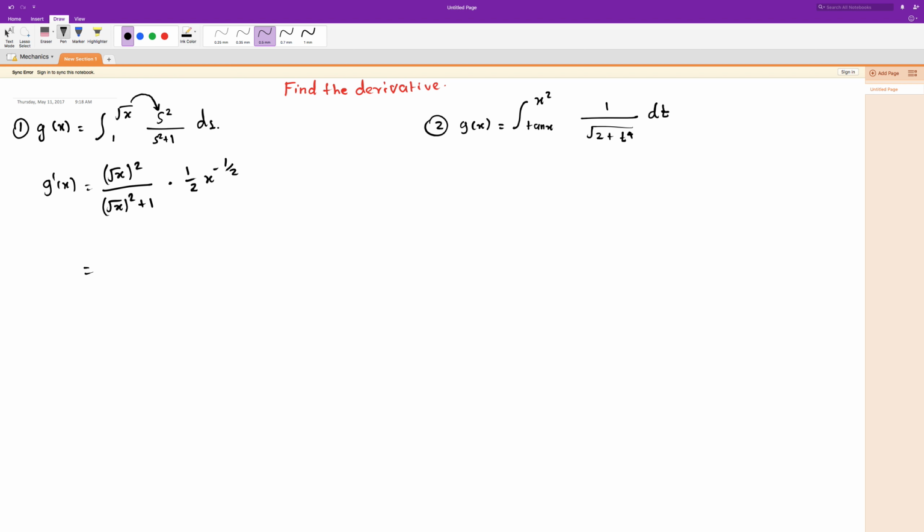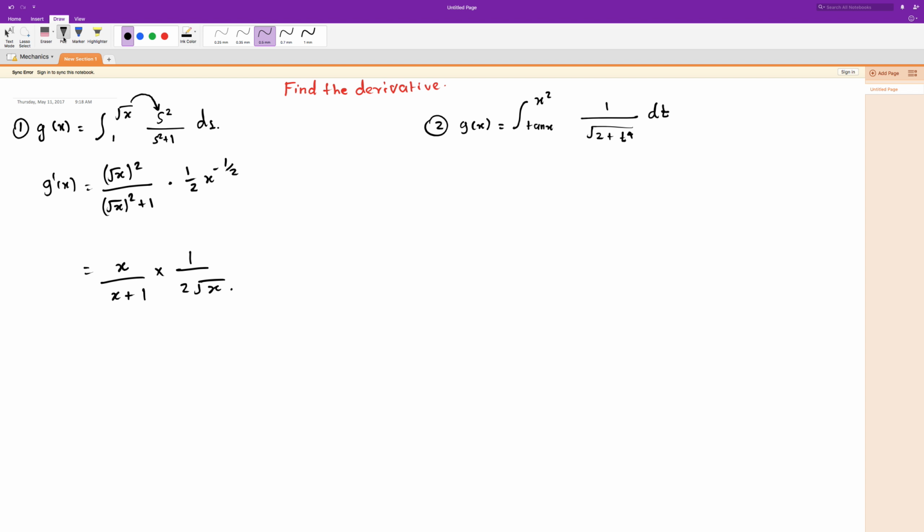That's just x because we are squaring the square root of x, so this is just going to be x, and this is going to be x plus 1, and also we are going to have 1 over 2 square root of x, and that's the final answer.